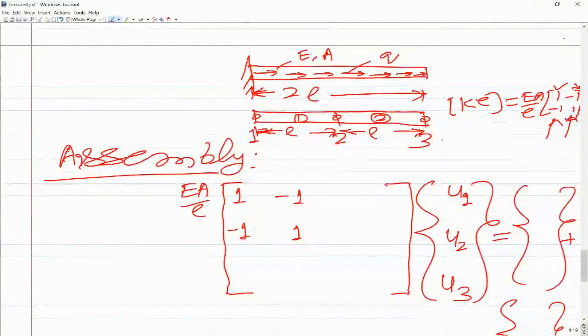So now when I take the second element, again ke is the same, because in this case the properties are the same, which is 1, minus 1, minus 1, and 1.